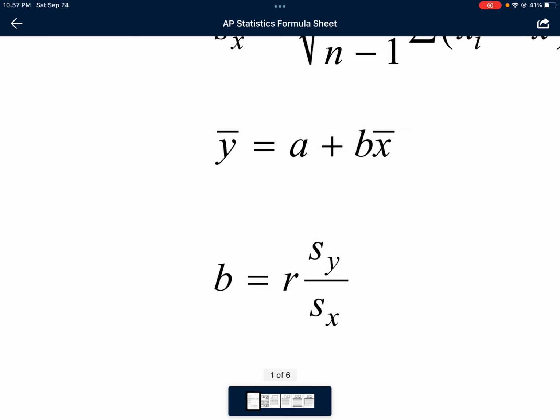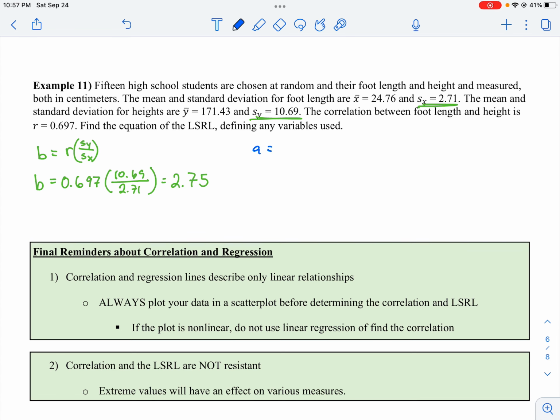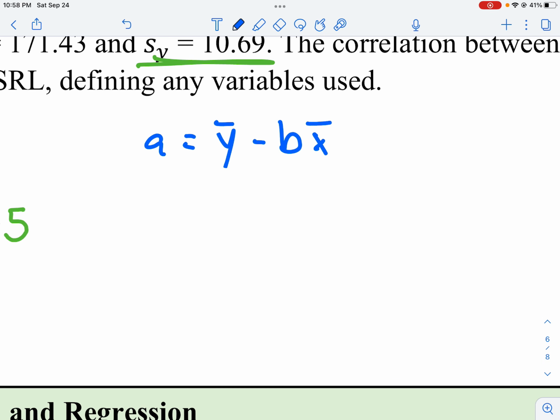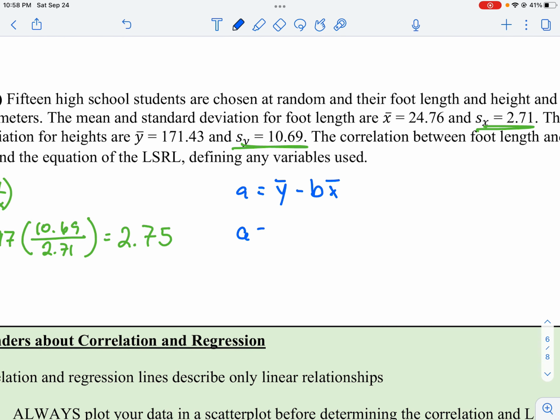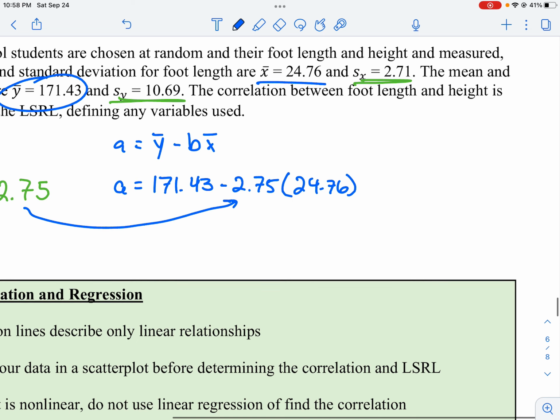So on the left side, we would have y bar minus B times x bar equals A. So A is equal to y bar minus B times x bar. Well, A is what we're trying to find, but y bar is right here, 171.43, minus B, we calculated previously, times x bar, right here, 24.76.